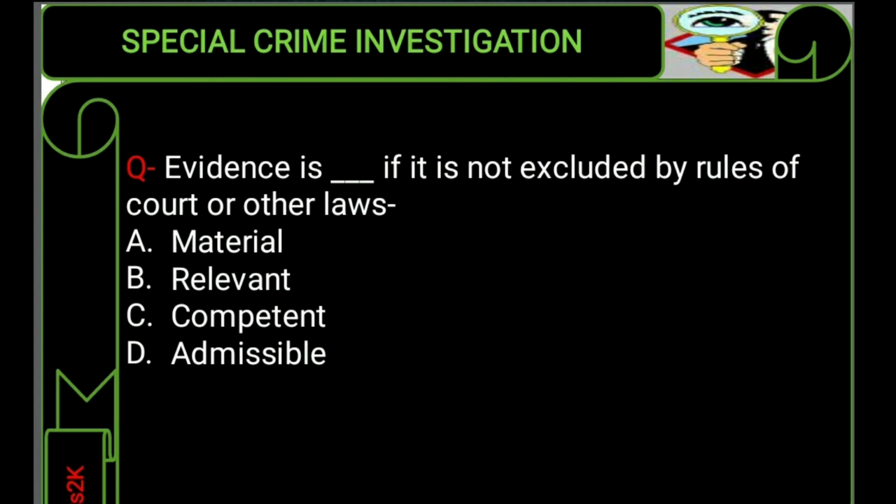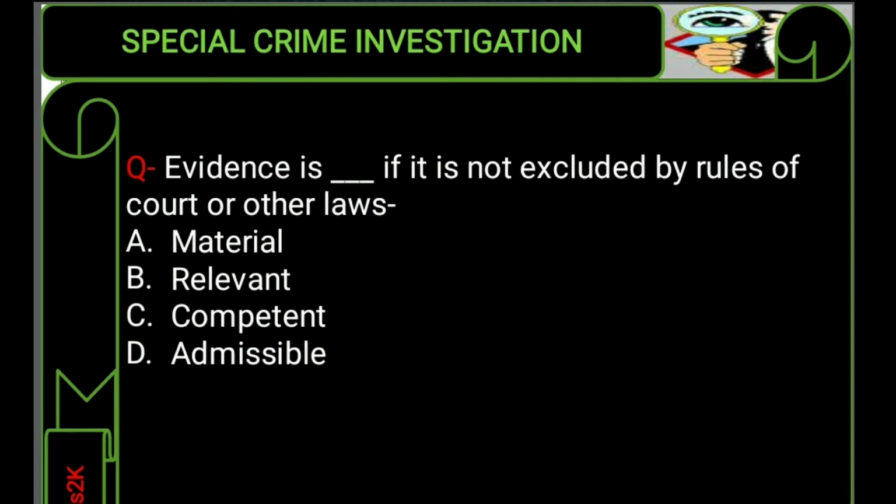Admissibility of evidence is needed in special crime investigation. Why? Because when you collect evidence, it should not be excluded by rules of court or other laws. If the chain of custody of evidence was not followed, the case can be dismissed.